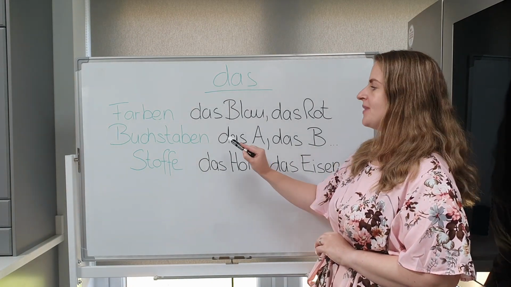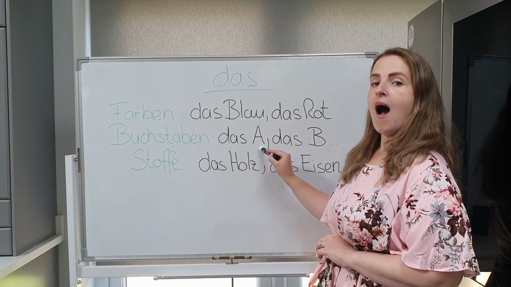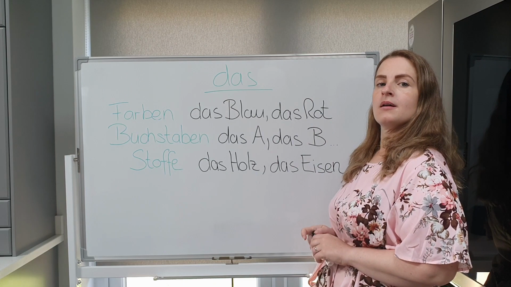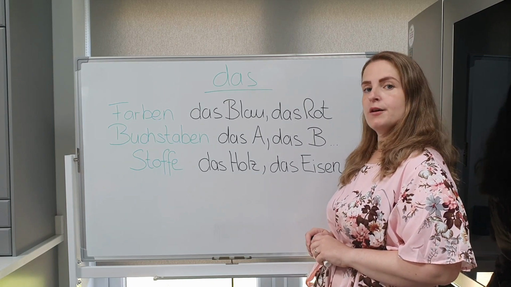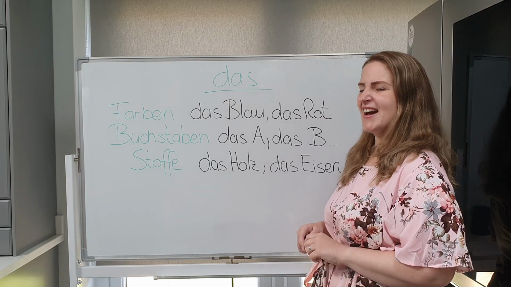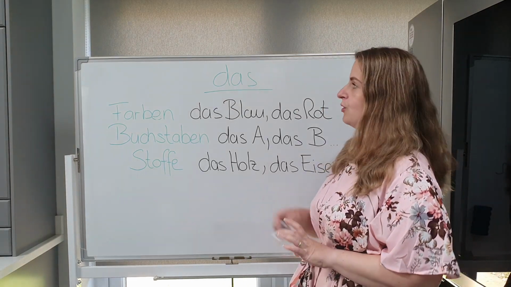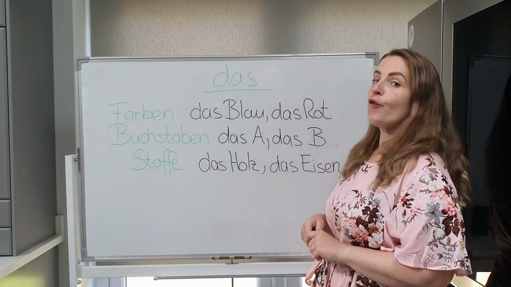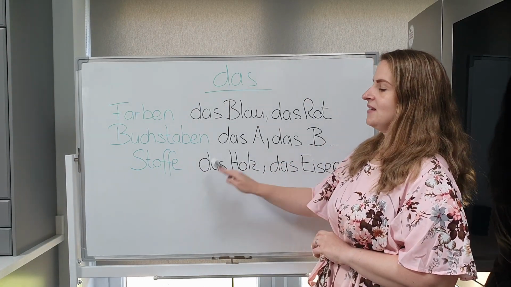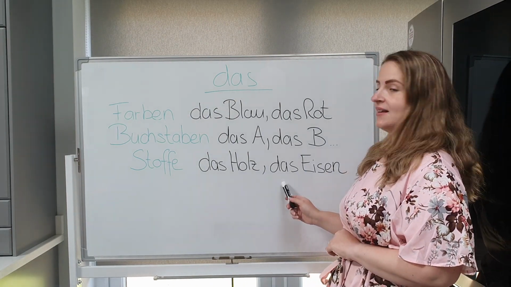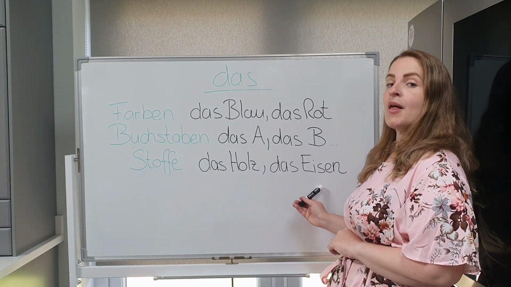For example, das A, das B, das C, das D, and so on. You get the idea. But we also use das for Stoffe, like materials. For example, das Holz, the wood, or das Eisen, the iron.